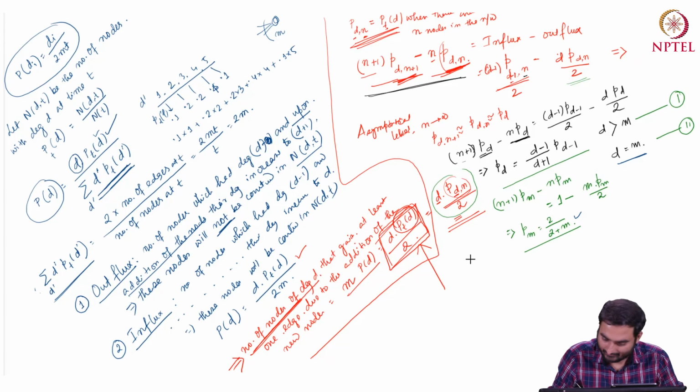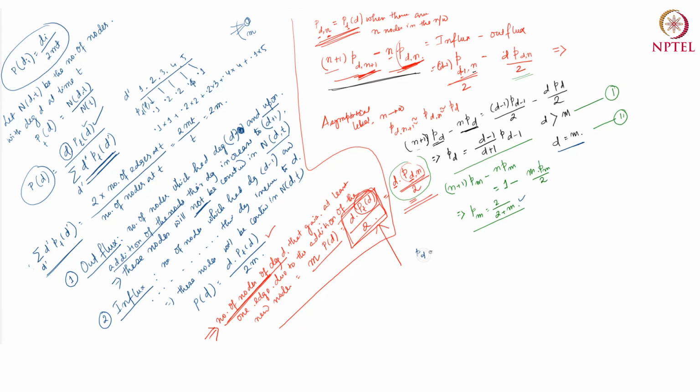So pd equals d minus 1 by d plus 1 p of d minus 1. So I am replacing d minus 1 in these equations, and we will get d minus 1, d minus 2 by d plus 1, d plus 2.